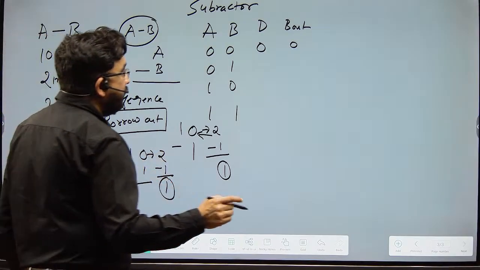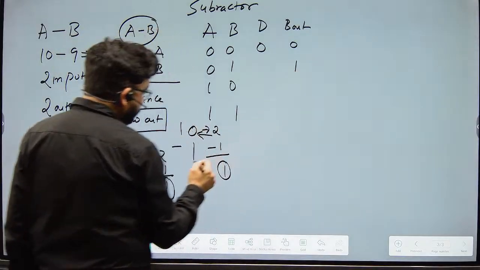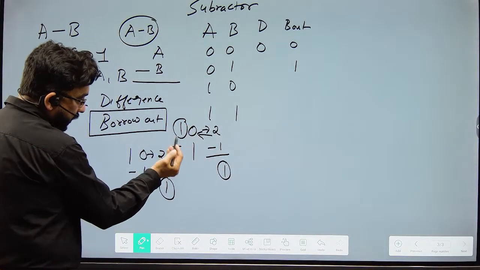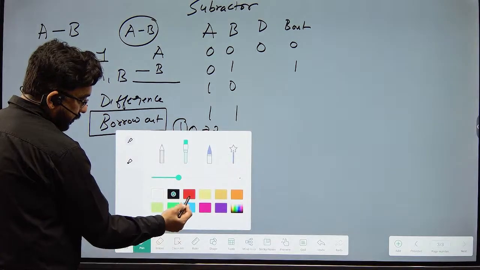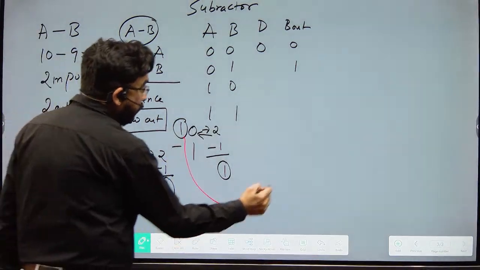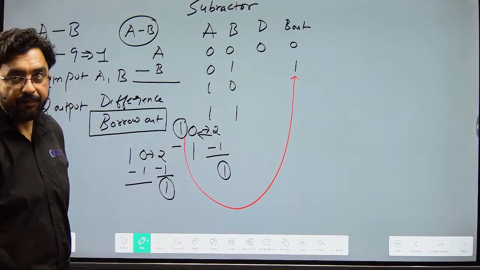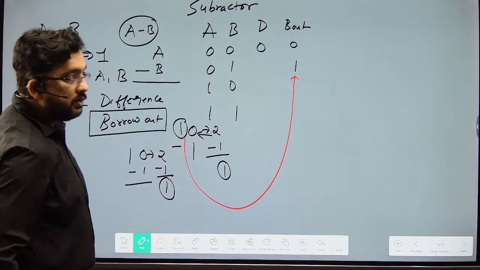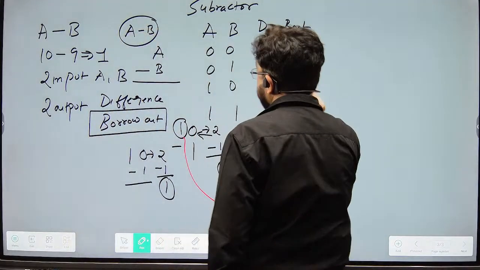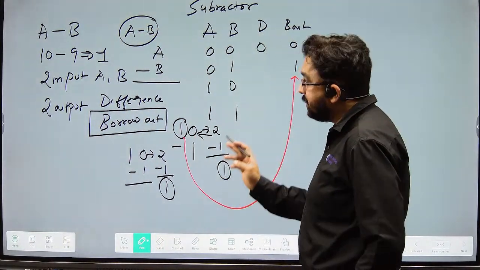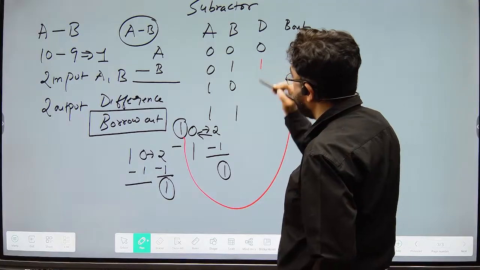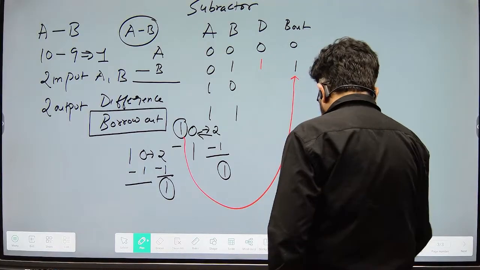So what you have done is borrow out 1. This is what you have borrowed, and this borrow out is going to be added here. And the difference, the output, is now 1.